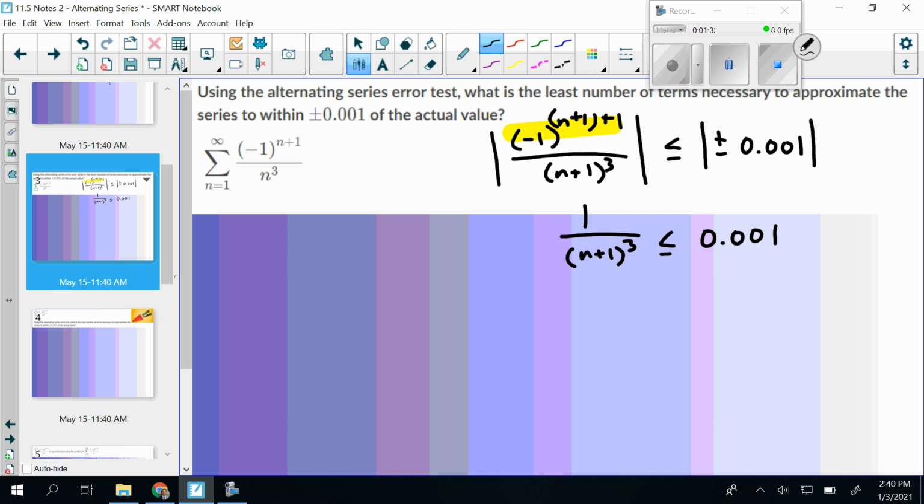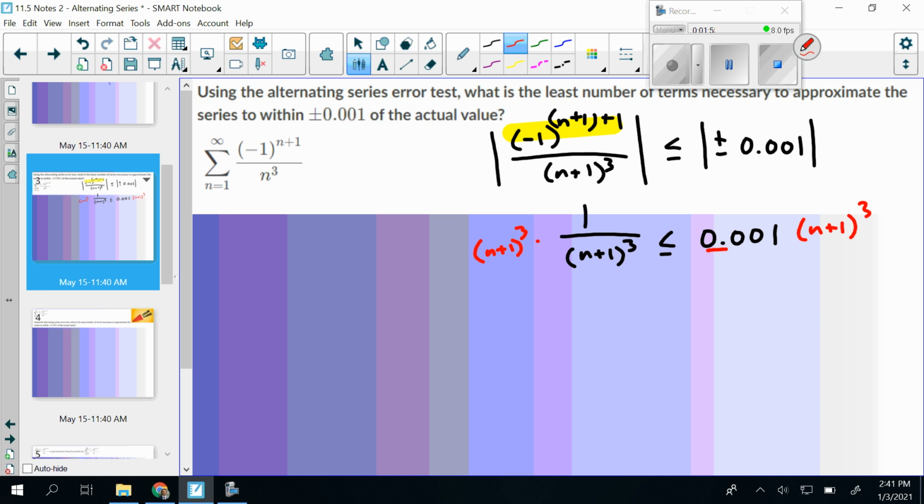Okay, to solve that, let's multiply by our denominator here. So let's multiply by n plus 1 to the third. And at the same time here, we're not going to want that 0.001 on the same side. So let's divide by that.